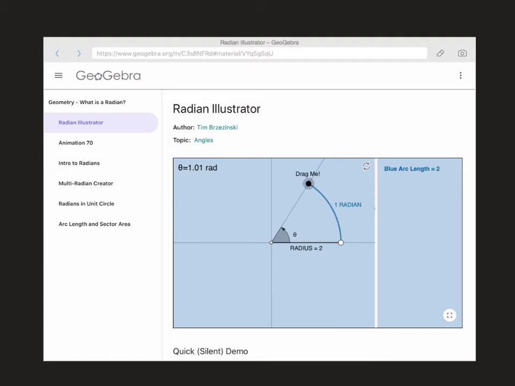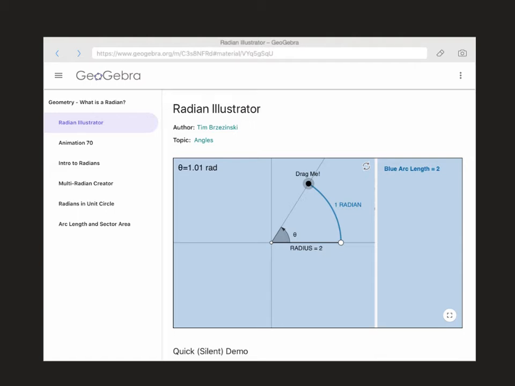And you can see that it's saying that the blue arc length, which is this curve here, is 2. The radius is 2, the arc length is 2, and so this angle in here is 1 radian. So I've gone a little bit past it, it's 1.1 radian. And 1 radian is round about 57 degrees. We'll get to that in a minute.